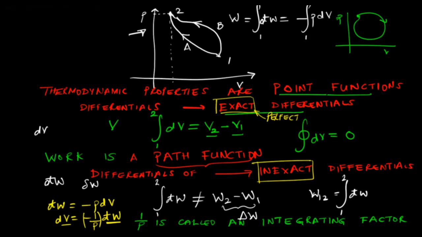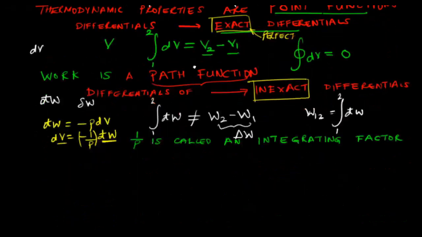But this might not be true for all inexact differentials, but if an integrating factor exists, then you can convert this inexact differential to an exact differential. And later on in the course, and particularly when we discuss the second law, we are going to see such kind of an integrating factor.